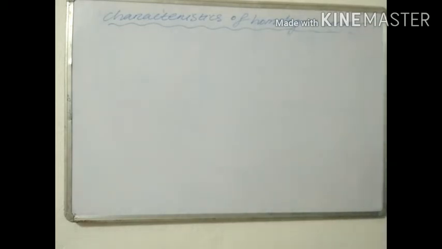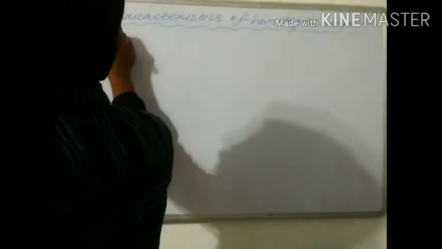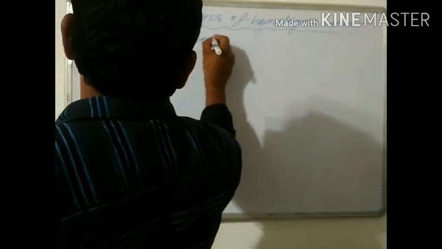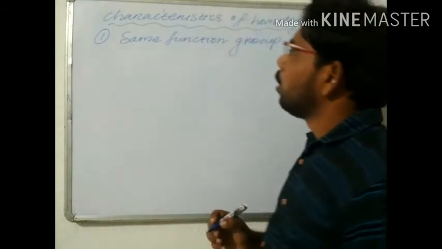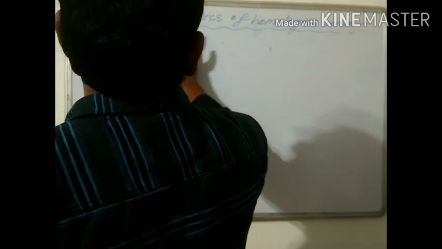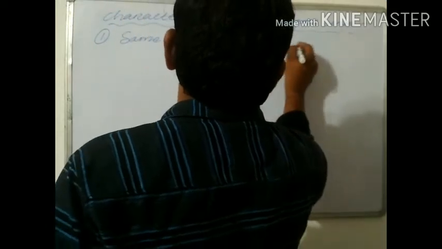First property: all the members of a homologous series are represented by the same functional group, and by the same general formula.